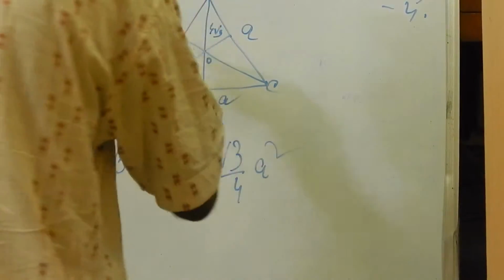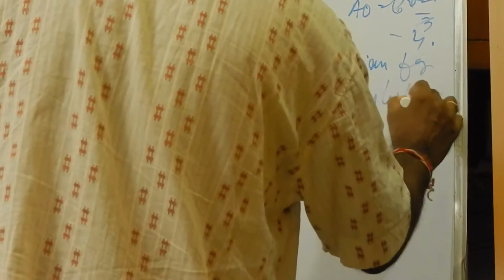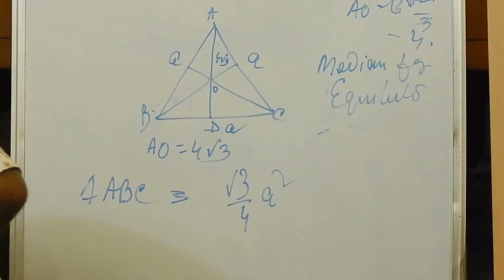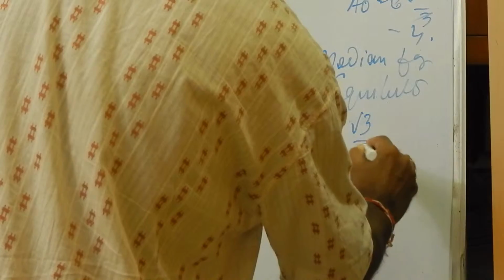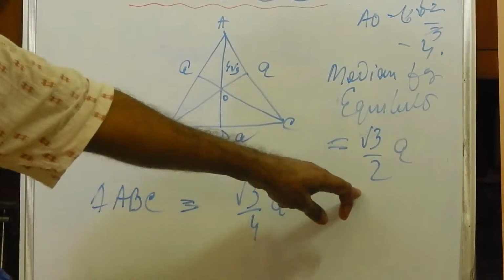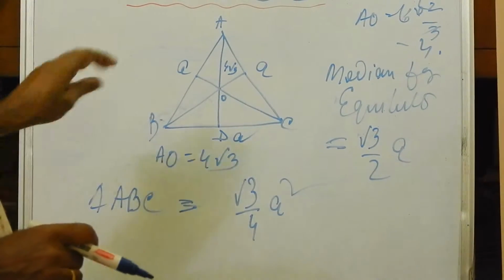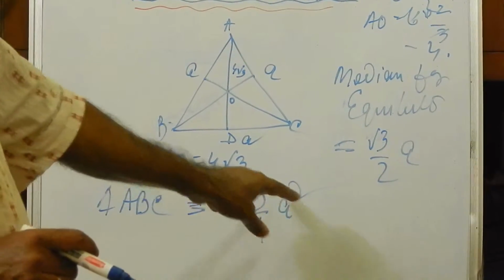And for median also there is a formula for an equilateral triangle: median equal to √3/2 A, where A is the side. Median of equilateral triangle is √3/2 A, and area of equilateral triangle is equal to √3/4 A square.